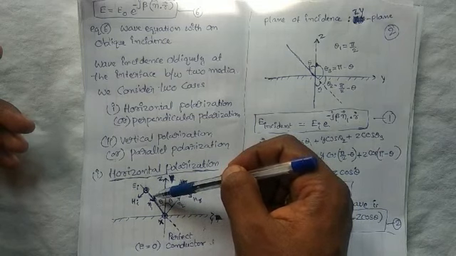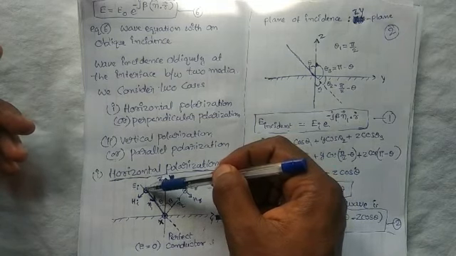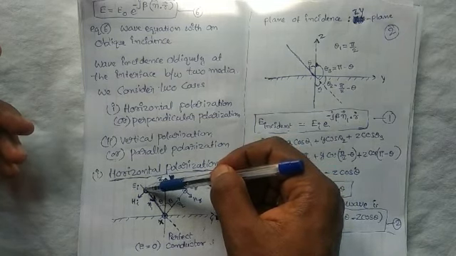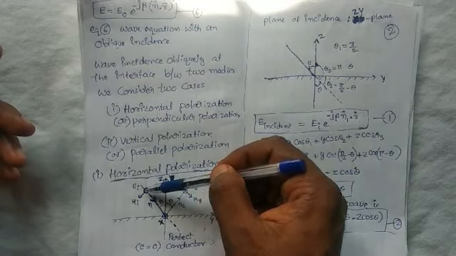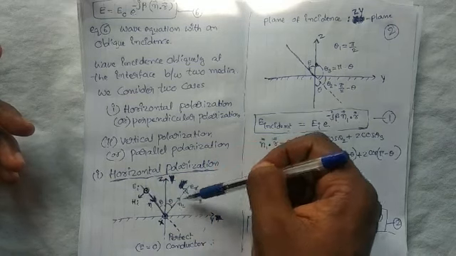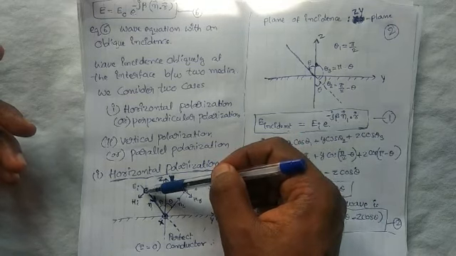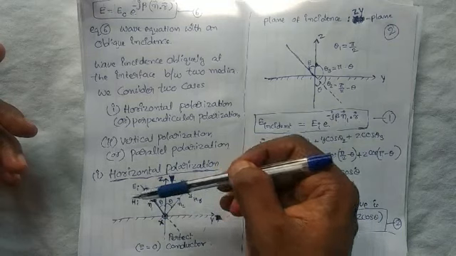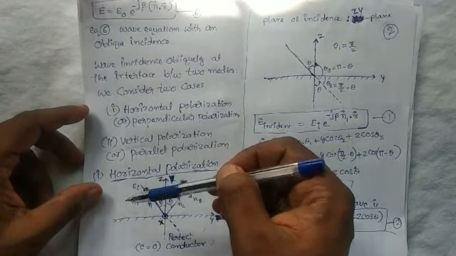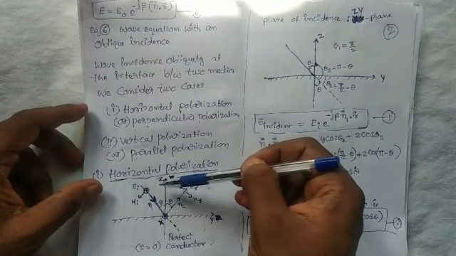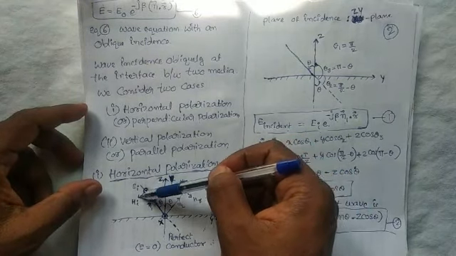The electric field is indicated by a small circle with a dot. This indicates that the electric field is perpendicular to the plane of incidence, which means it is out of the page.